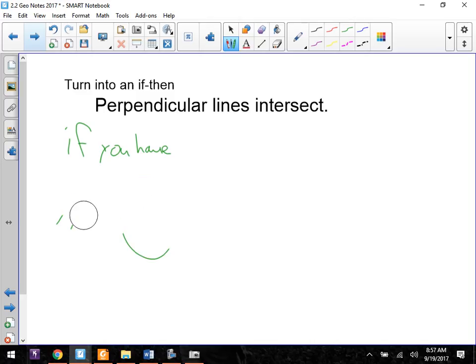Okay. So if you have perpendicular lines, then they intersect. Hypothesis. Yes, sir.